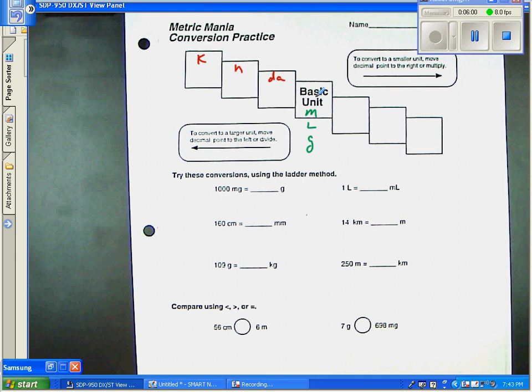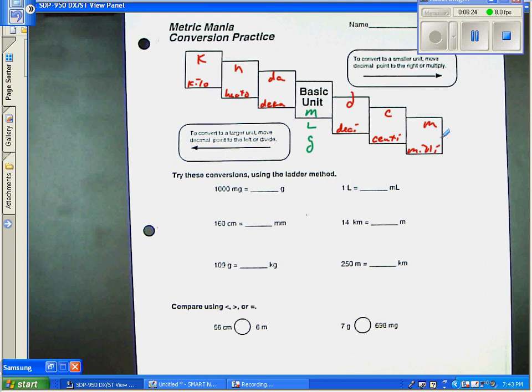King Henry Died Monday Drinking Chocolate Milk. And that stands for kilo, hecto, deca, the base units, deci, centi, and milli.